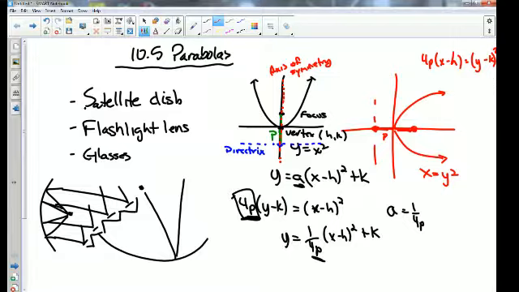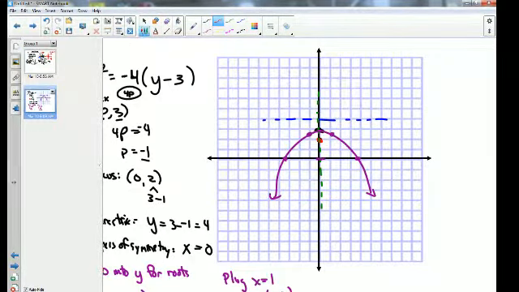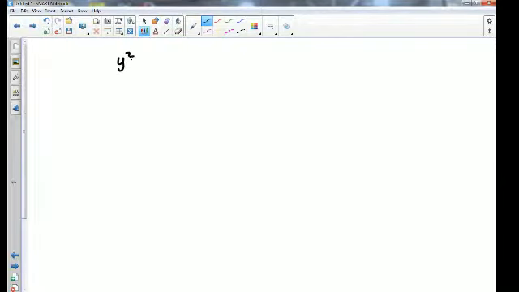Let me show you an example. So in this situation, would you plug in 0 for x? Yeah, that would give you your y-intercepts, right? Let's try this.